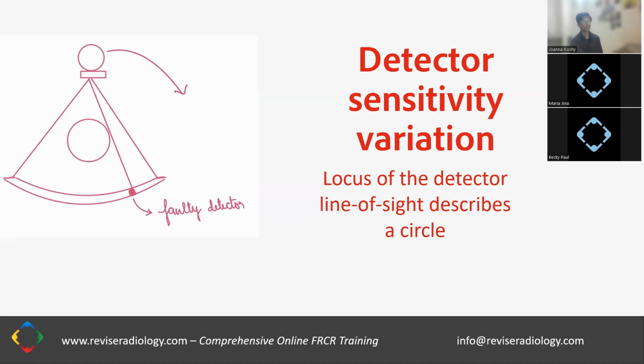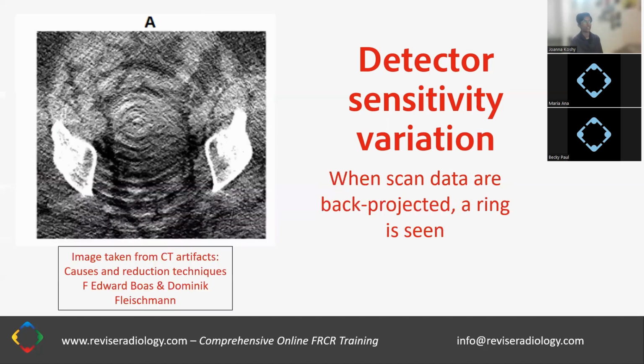What that means is that everything that this detector sees is going to be along a circle, and there's going to be an issue with everything that lies along that circle, which is the locus of the detector's line of sight. So this is the artifact that arises from this particular fault in the scanner mechanism. When the scan data is back projected, a ring-shaped artifact is seen in the image.